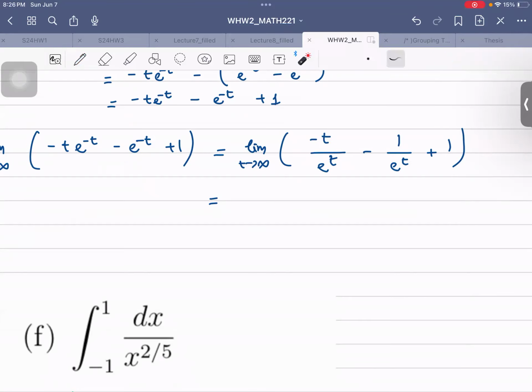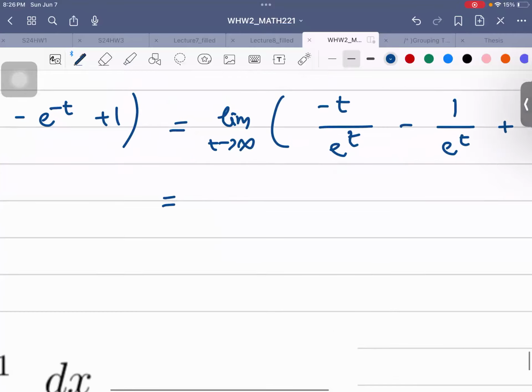Firstly, 1 is just a number, so we don't really care about this one. When t tends to infinity, this term will tend to 0 because you're going to have 1 divided by something really large. But for this one, you have infinity over infinity, so you have to use L'Hôpital's rule.